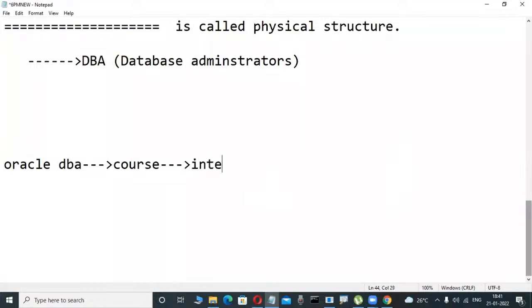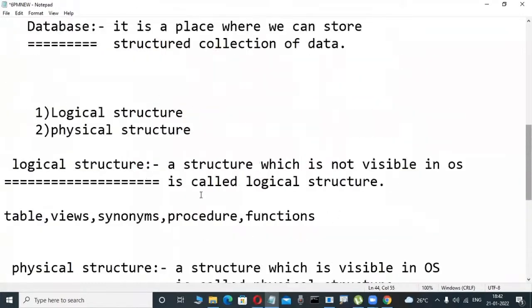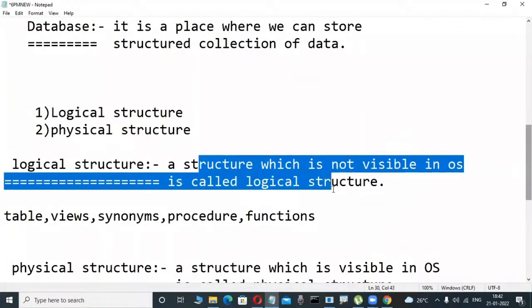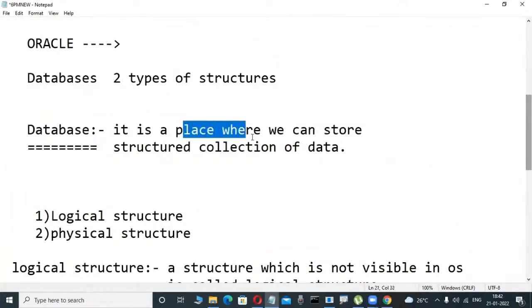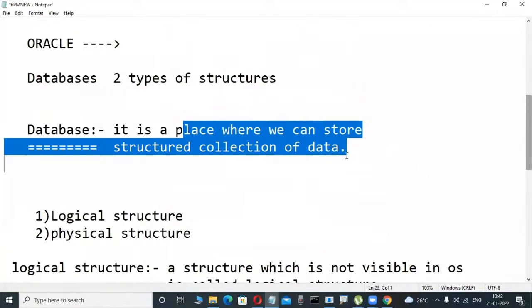Roughly, my interviewer asks, Murali, what is a database? Whenever they ask what is a database, if I say the bookish knowledge, that it is a structured collection of interrelated data stored in a place, a structured collection of data, then I'm immediately rejected.